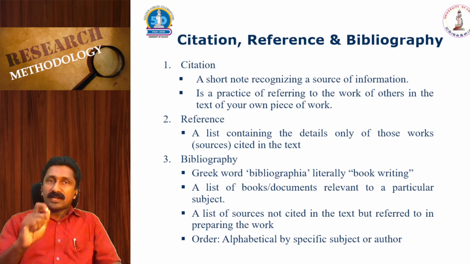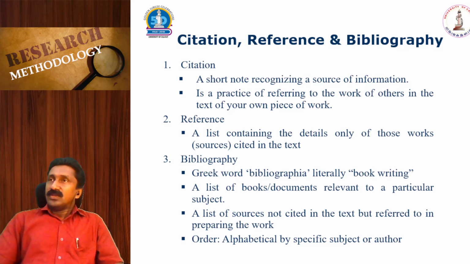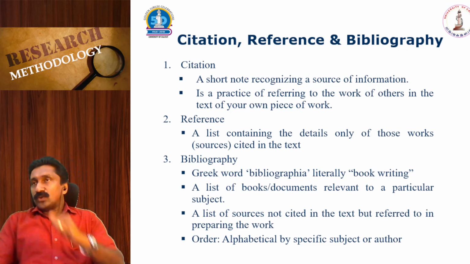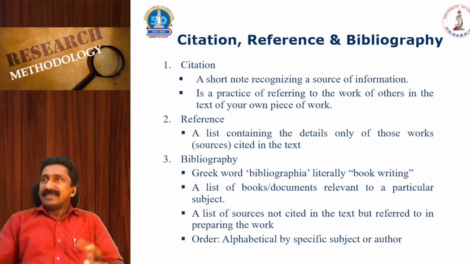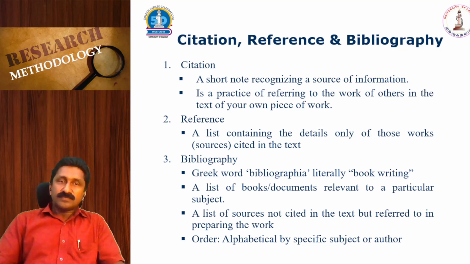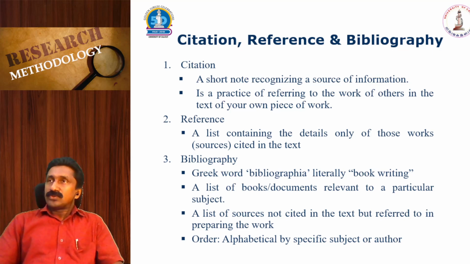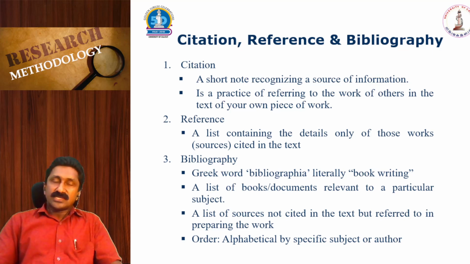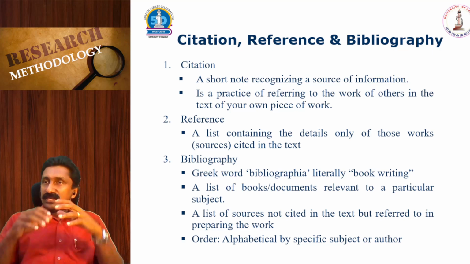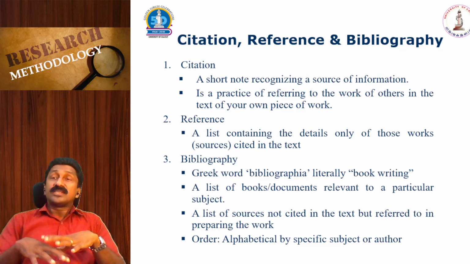Whereas in literature, for example, you develop a concept by reading 10 books and you write another book or another thesis. That means you are generating the idea by consulting many books.